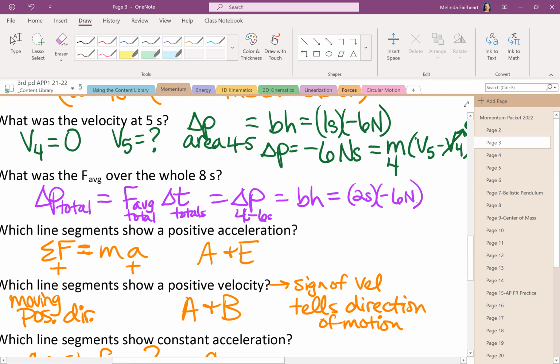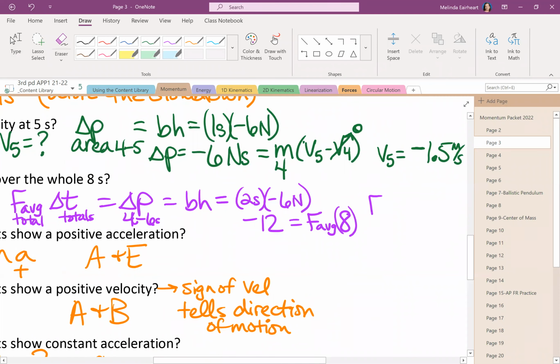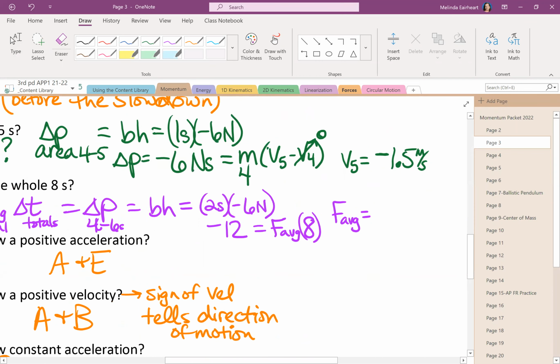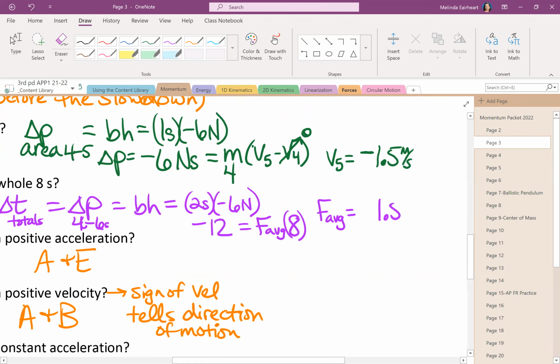Okay? And so we get this segment C area, -12, and we're looking for that average force, and the whole time is 8 seconds. Now, y'all know sometimes magic of math happens. What's 12 over 8? 3/2, which is going to come out to be 1.5, and yes, it's negative.